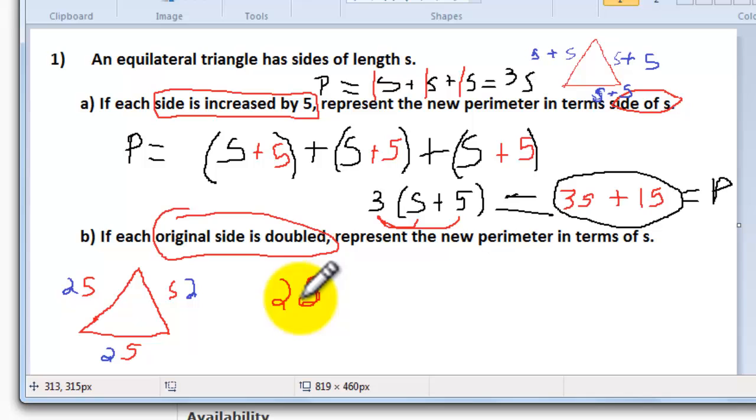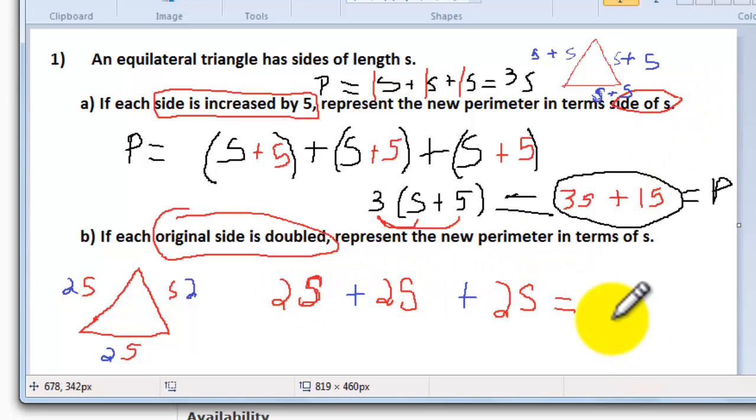It's difficult. 2S plus, because each side has to be added, 2S plus 2S, and we can just combine like terms. 2 plus 2 is 4, plus 2 is 6, equal to 6S. And that's our final formula there. 6 times S will be the new perimeter in terms of S. Okay.